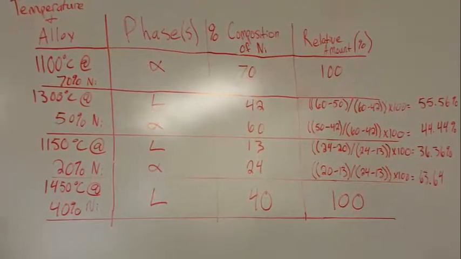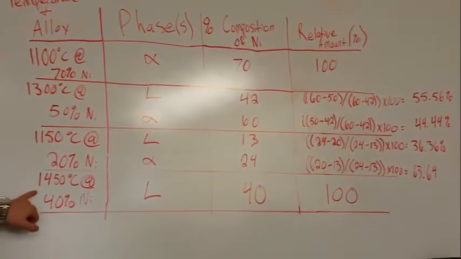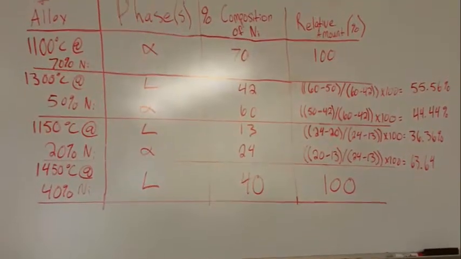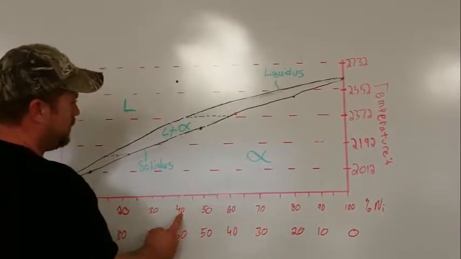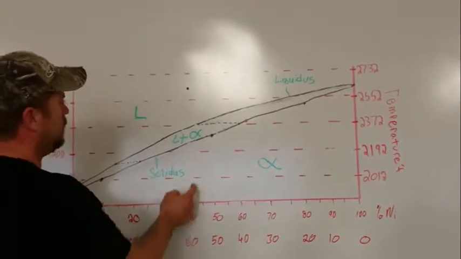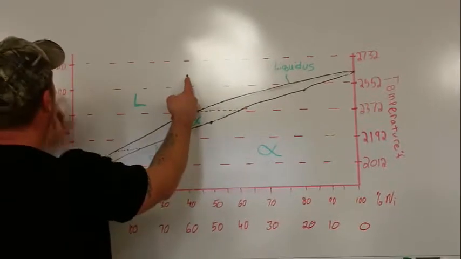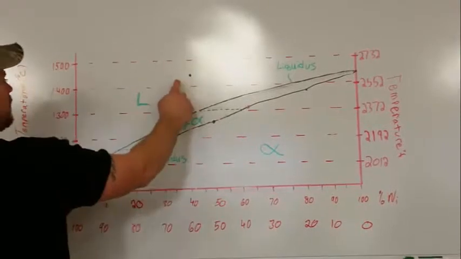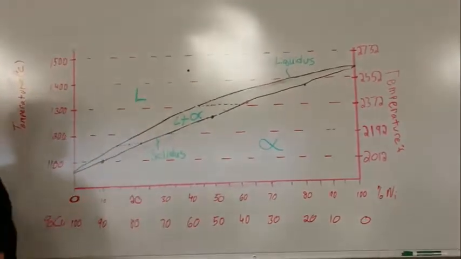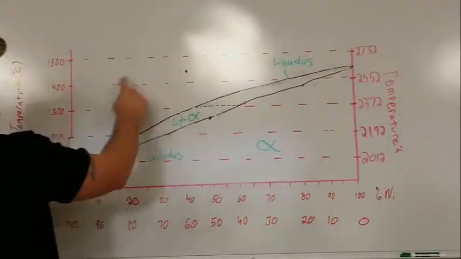Now, one more. We'll take a look at 1450 degrees Celsius at 40% nickel. So, we'll find 40% nickel. Find us a spot up here at 1400, so 1450, and we notice that there's no need to draw a tie line because your only phase present is liquid.